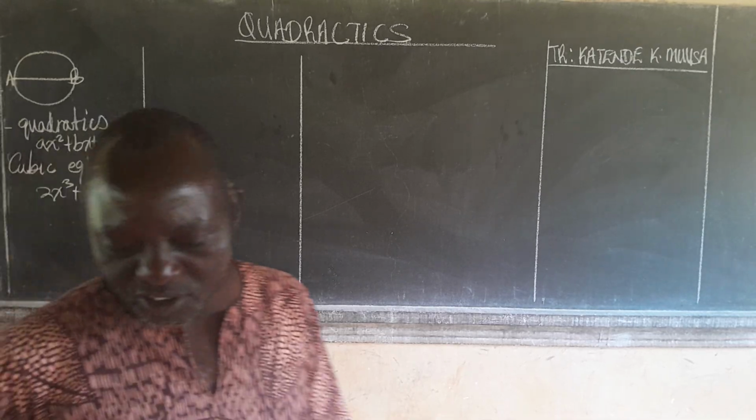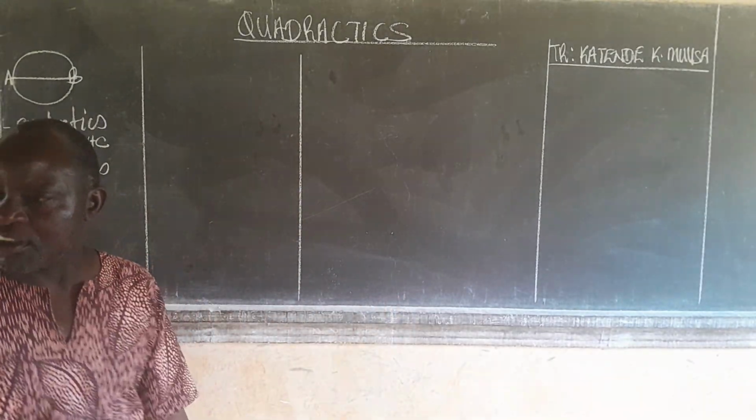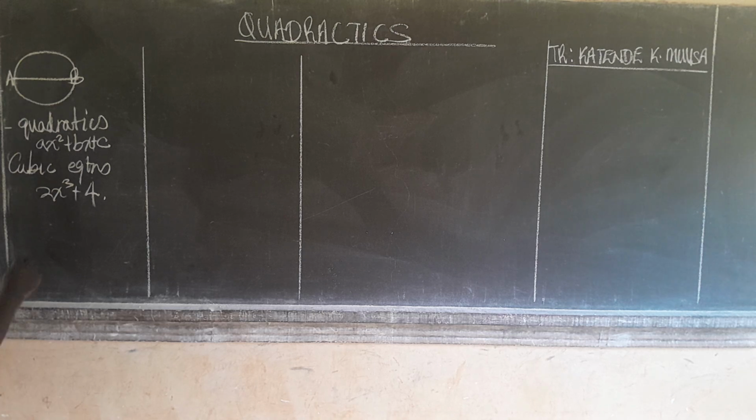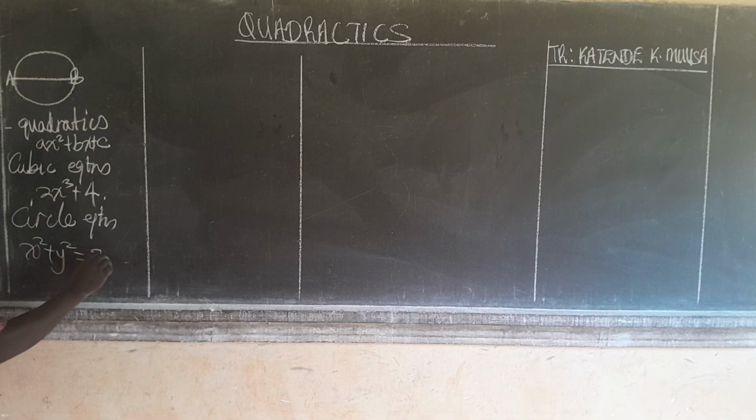And the other equations that can give us curves, we have also what we call the circle equations. We can have x squared plus y squared equals 5.